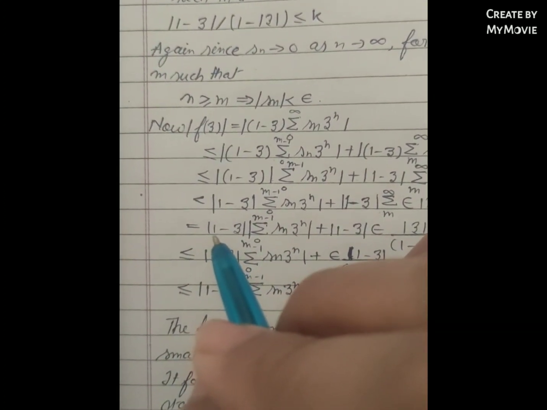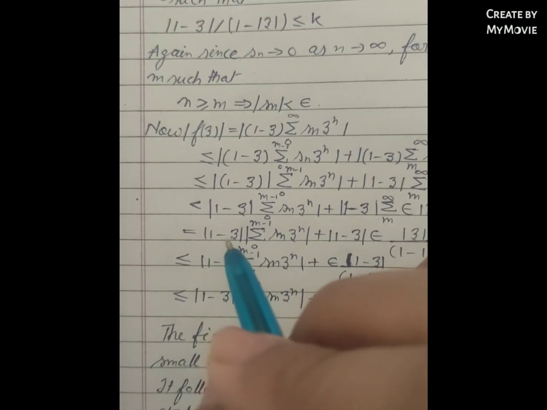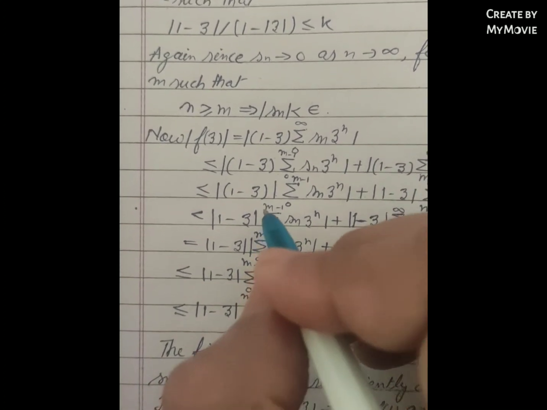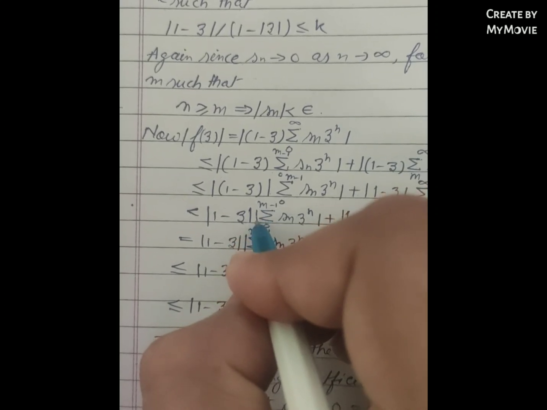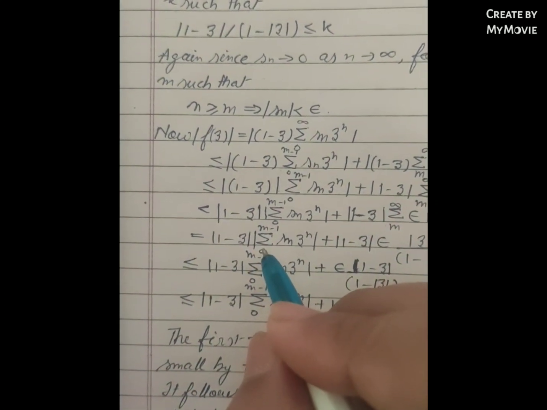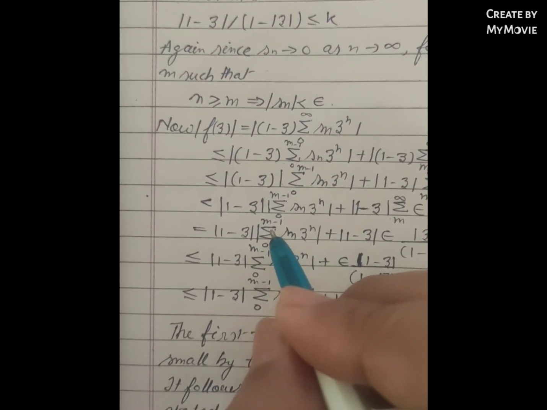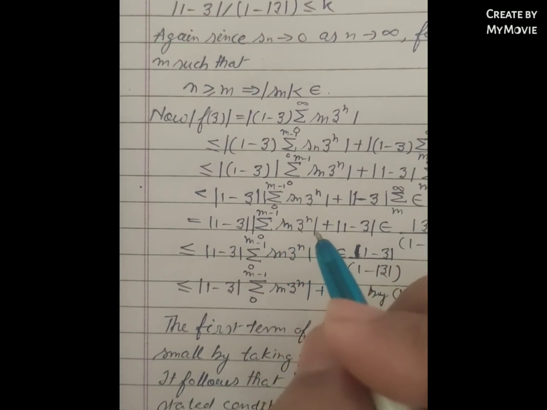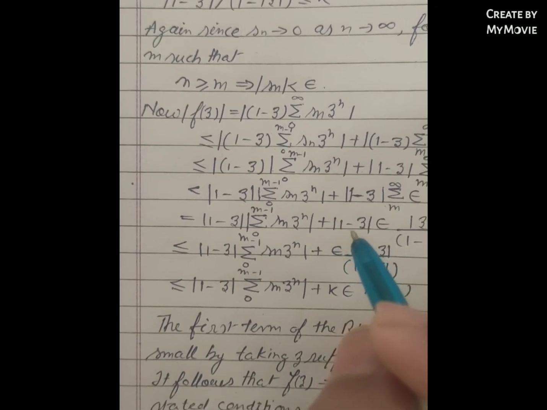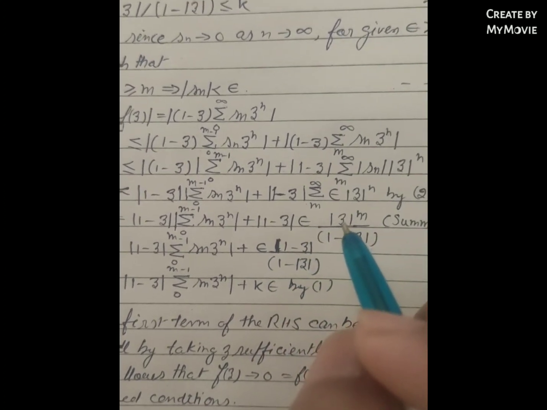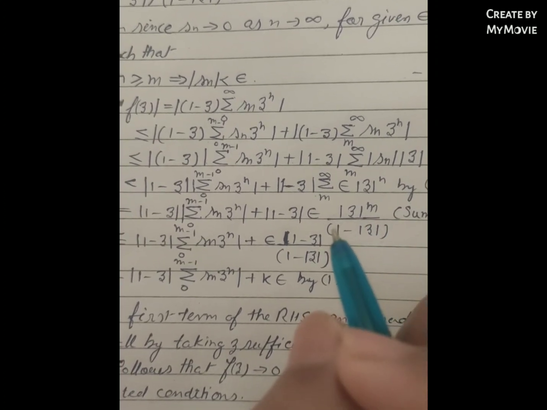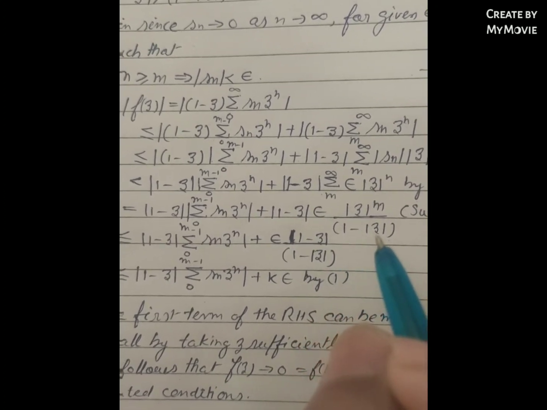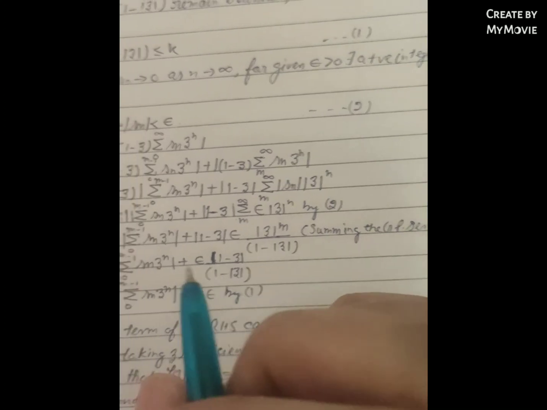So this is equal to modulus of (1 minus z) times the sum from 0 to m minus 1 of S_n z^n, plus modulus of (1 minus z) epsilon modulus of z^m upon (1 minus modulus of z), summing the GP series.